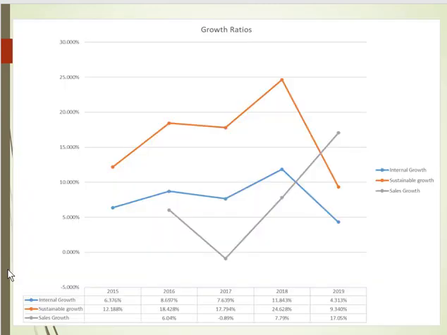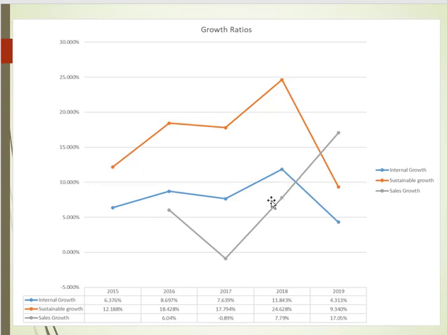So here we have a graph. Here's the sales growth of our company, and you see that sales is growing pretty substantially over the last couple of years. Prior to this, here's our internal growth from 2015 to 2018. Given the growth rate of the sales, we didn't have to borrow any money. We didn't have to issue any stock. We could have used profit to purchase everything we wanted to purchase.